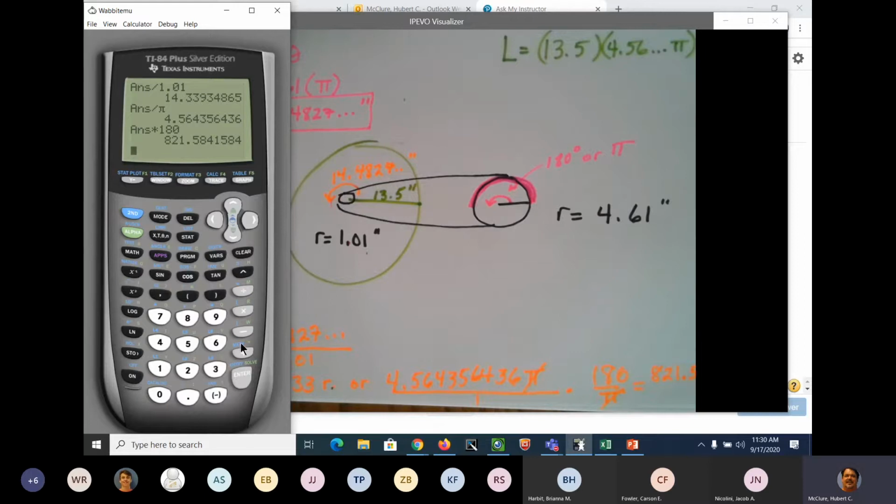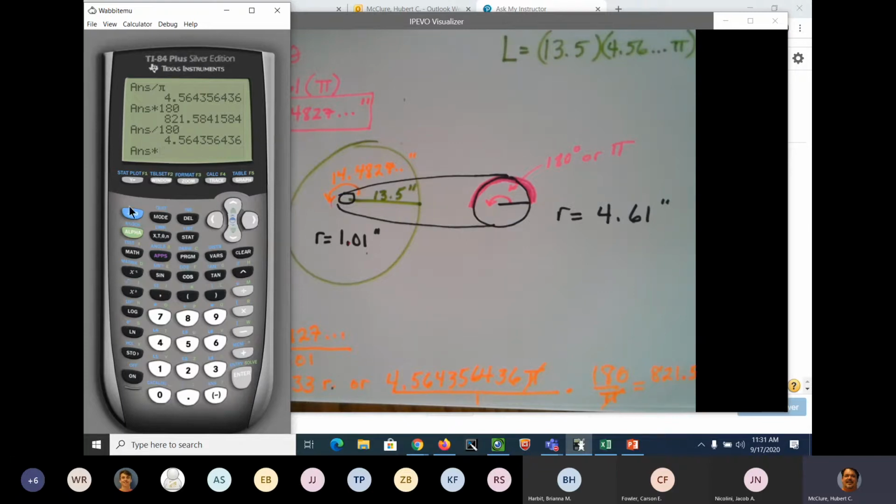Wait a minute, that's times pi, times 4 times pi. Yeah, times pi.